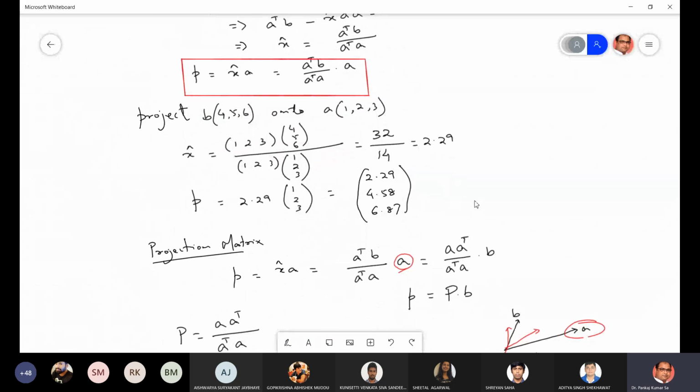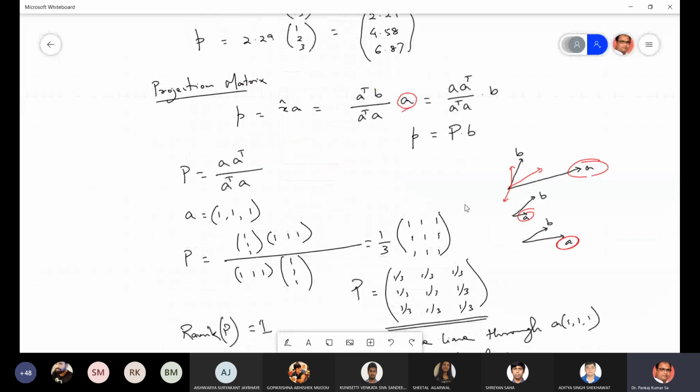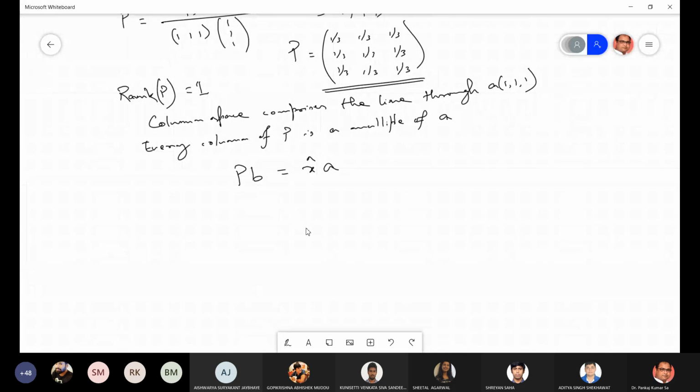So that is where we started, and now we are with this. Yeah, one more property, P is symmetric. We forgot to write that. P is symmetric.